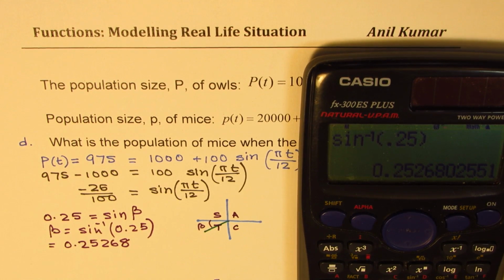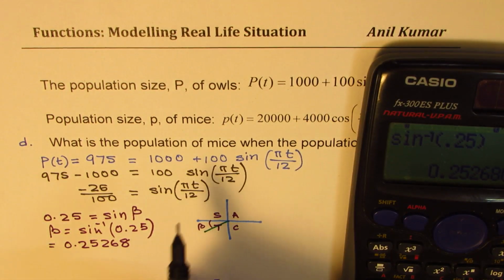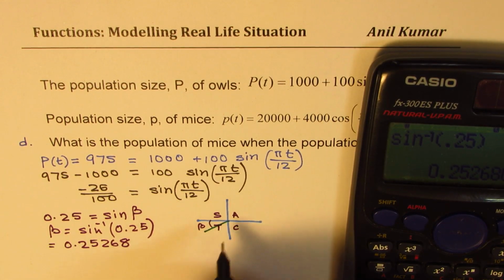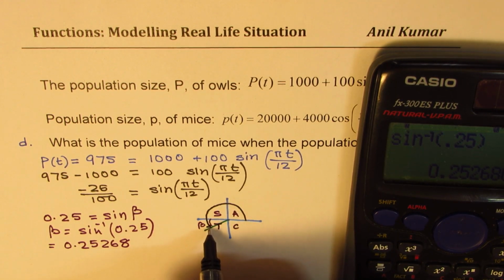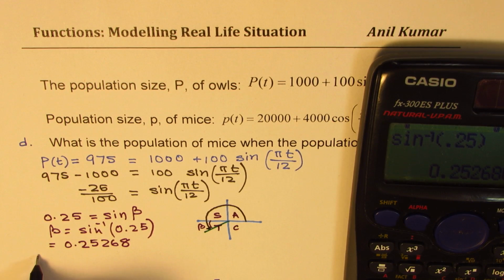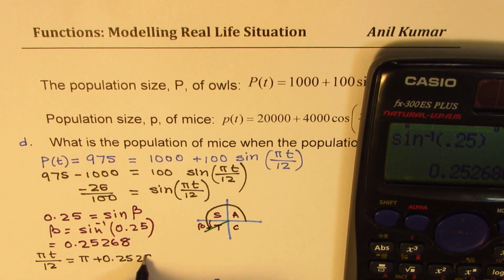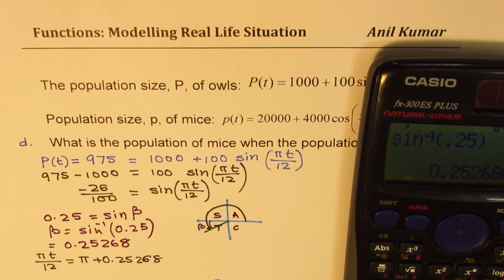Now what is the angle? That is to say, what is pi t by 12? So this will be all this. Do you see this? That means pi plus this. So we get pi t by 12 as equal to pi plus 0.25268. Does it make sense to you, right?